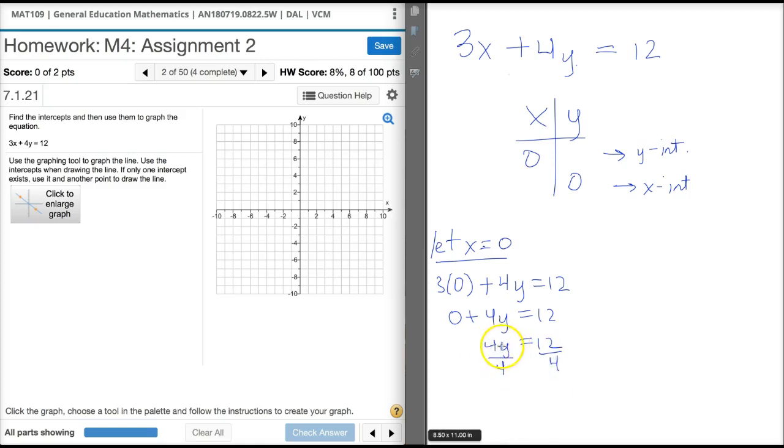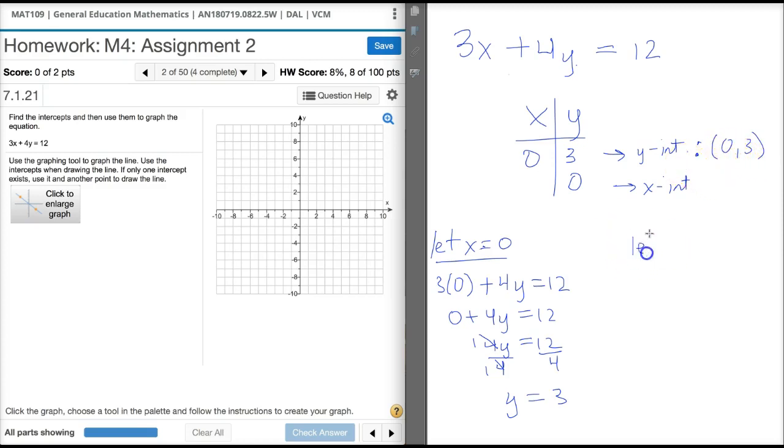Since we are multiplying 4 times y, we have to divide to get y by itself, because 4 divided by 4 is 1, and 1 times y is y. On the right side, 12 divided by 4 is 3, so we have the point (0, 3). One of the points on the graph is going to be the ordered pair (0, 3).